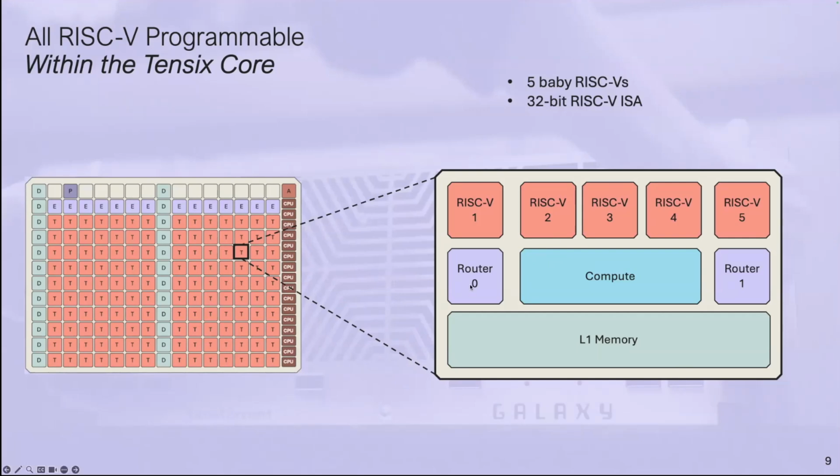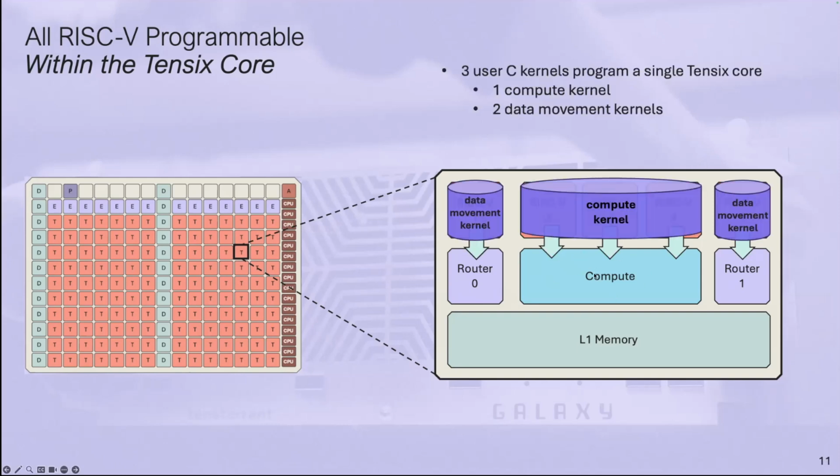Here we have a baby RISC-V core paired up with some circuitry to talk to your router, another RISC-V core paired up with more circuitry to talk to your router, and in our case, three RISC-V cores to talk to various parts of compute.